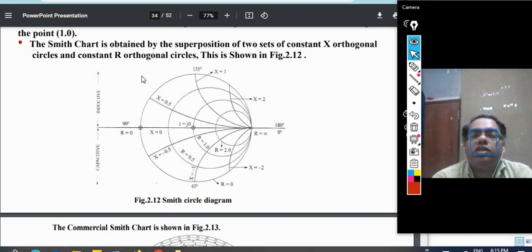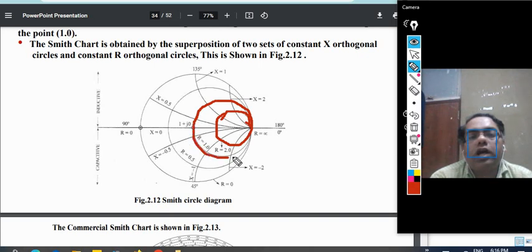So in the previous class we have seen the Smith chart consisting of two sets of circles. The circles that you see are known as constant R circles. Why are they called constant R circles?